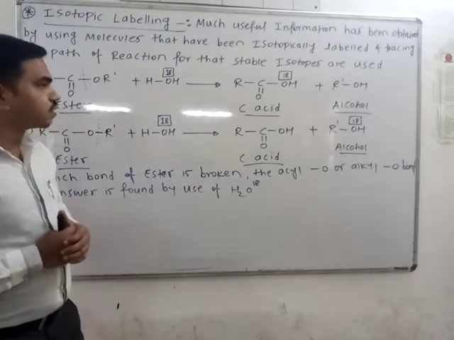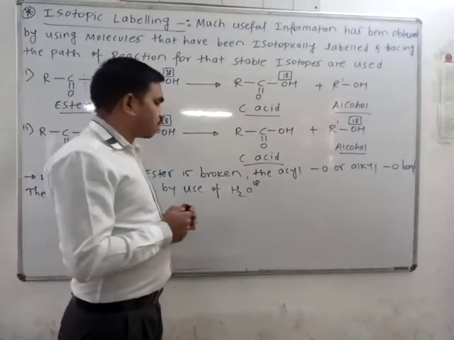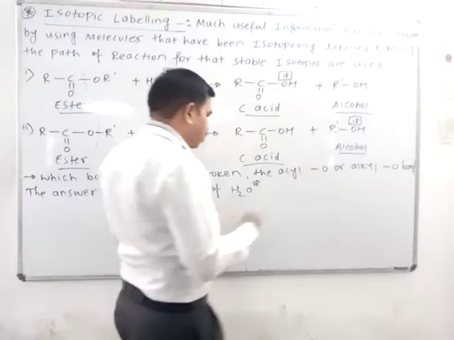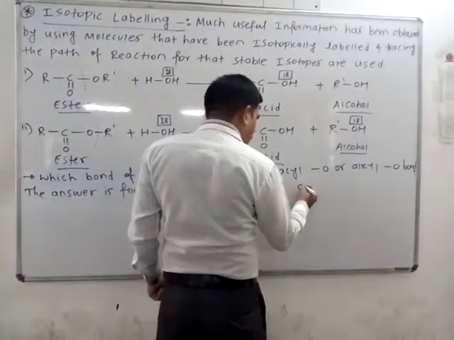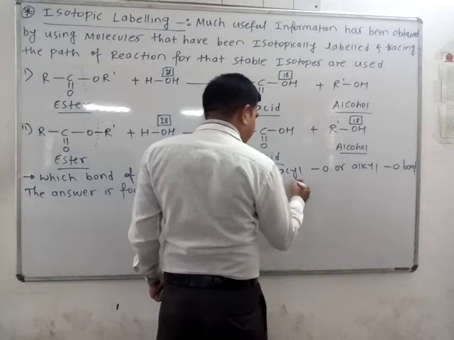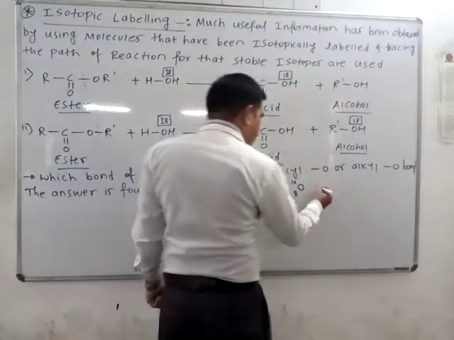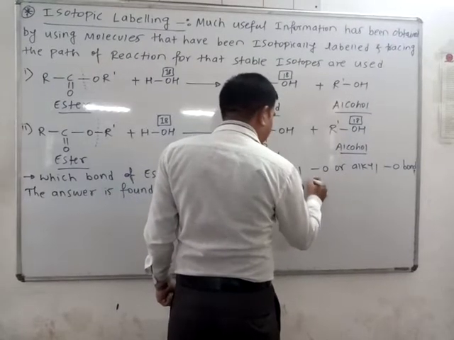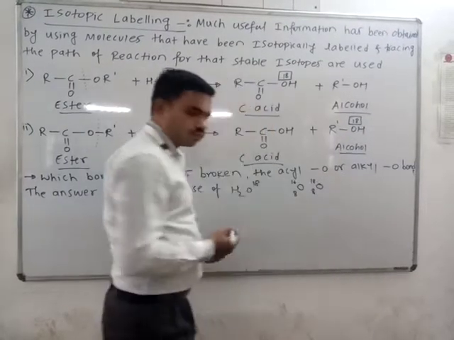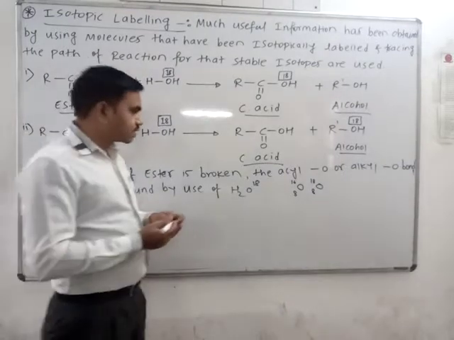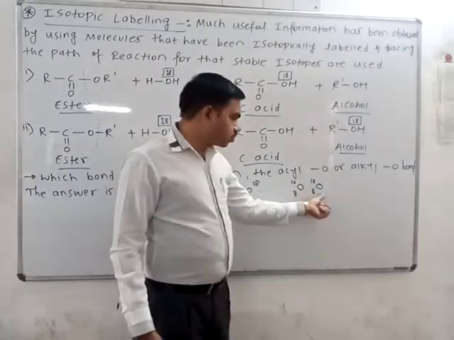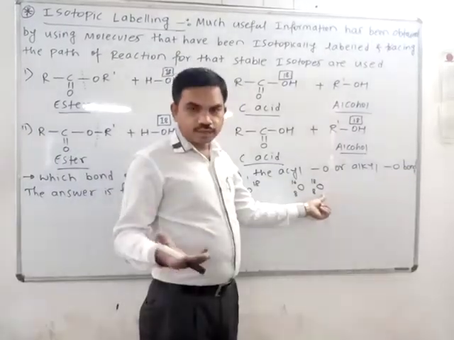You know very well, two isotopes of oxygen. What are these isotopes? O-16, you know this isotope, and the second one, O-18. So this is the heavier isotope of oxygen.